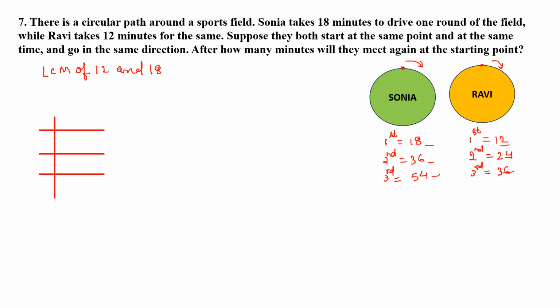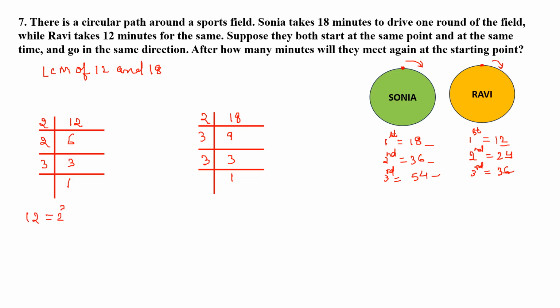So first find the factorization of 12. So 2 times 6, 2 times 3, 3 times 1, and 18 is 2 times 9, 3 times 3, and 3 times 1. So 12 I can write as 2 square into 3.